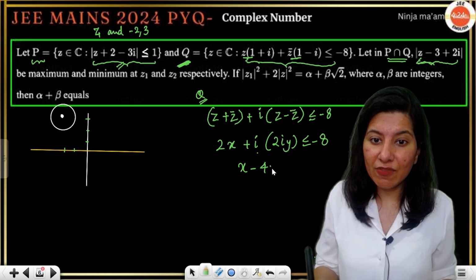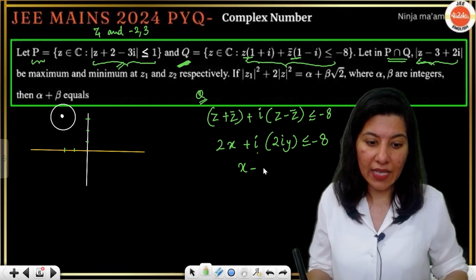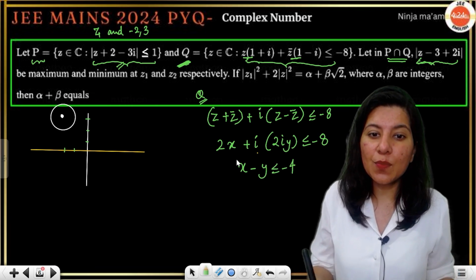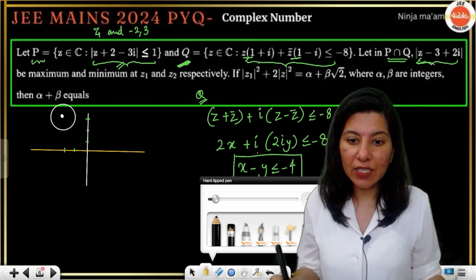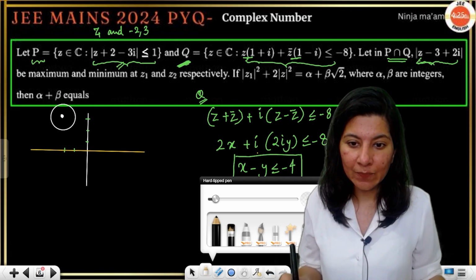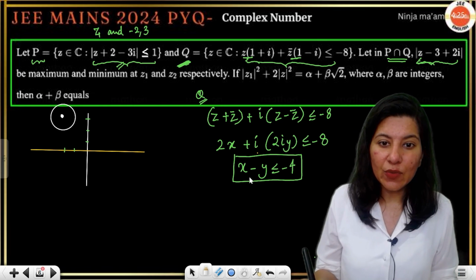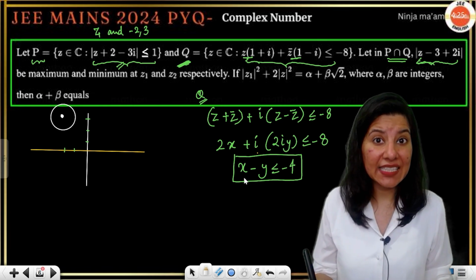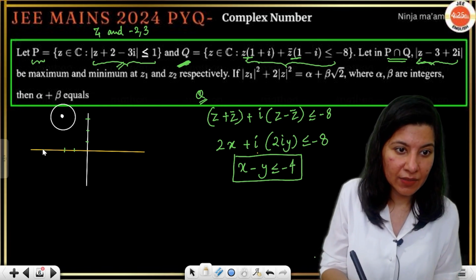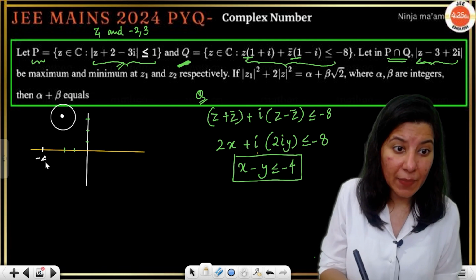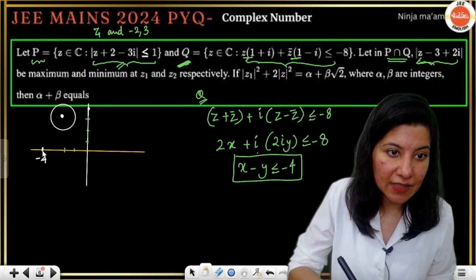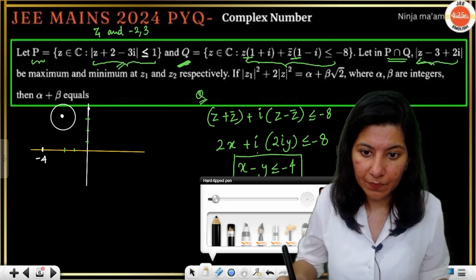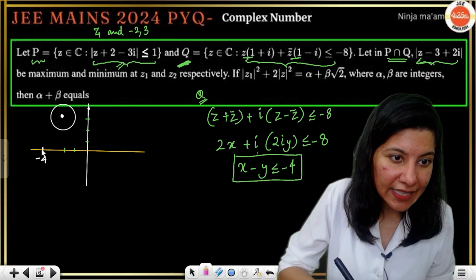So x minus y less than or equal to minus 4. Okay, so x minus y less than or equal to minus 4 is a straight line. And that straight line has x intercept minus 4 but y intercept positive. So the line looks like this.